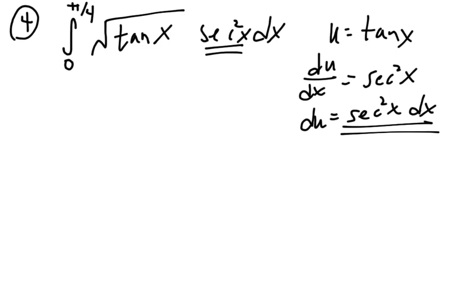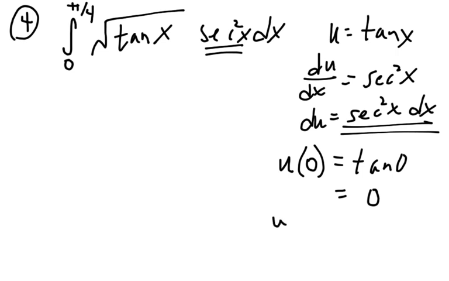But I do need to take my limits and change them. u of my lower limit 0 is the tangent of 0, which you will remember from pre-cal is equal to 0. u of pi over 4 is the tangent of pi over 4. And again, from your unit circle days, that equals 1.